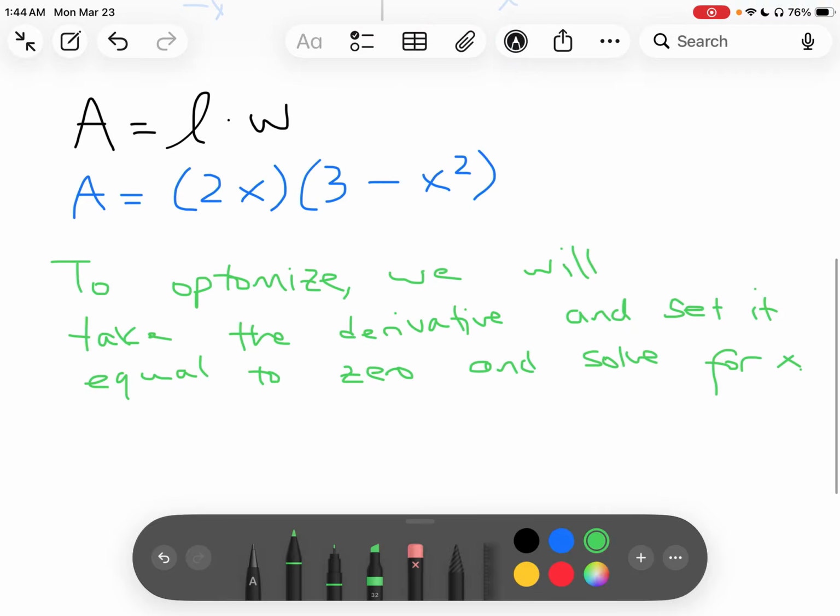Pretty much solve for the critical points.